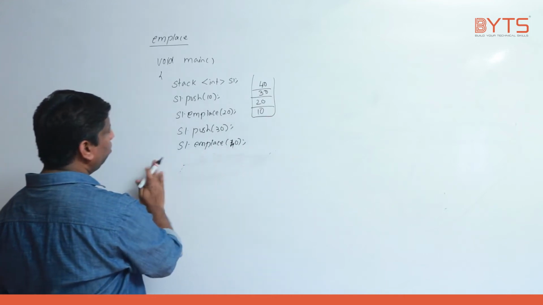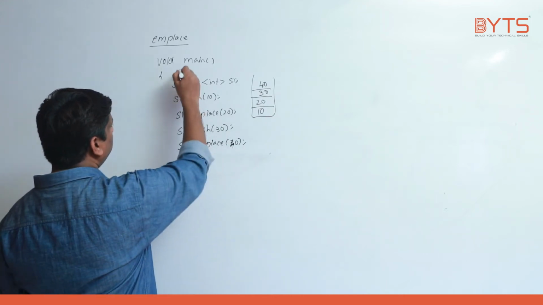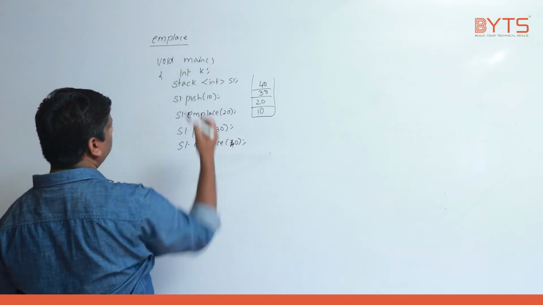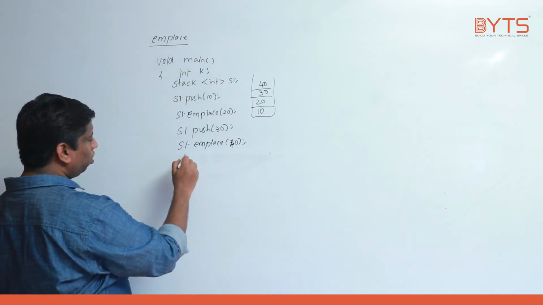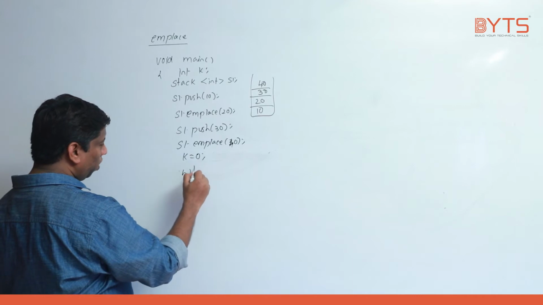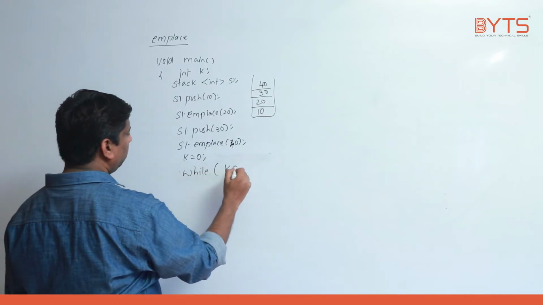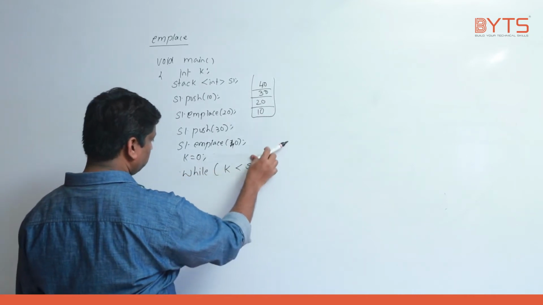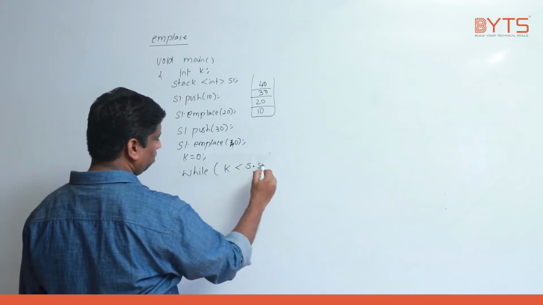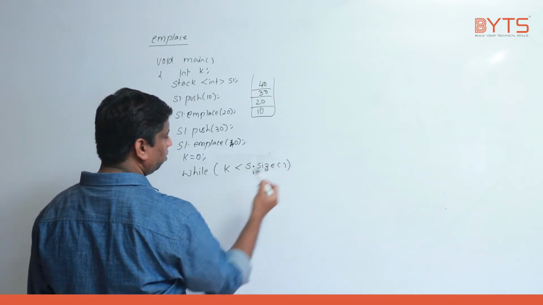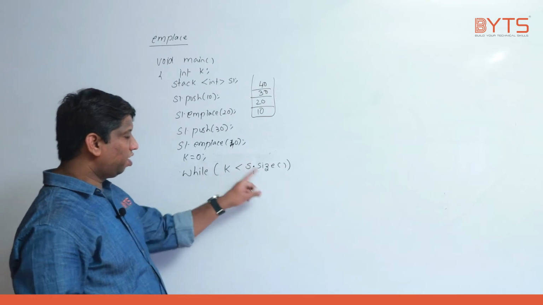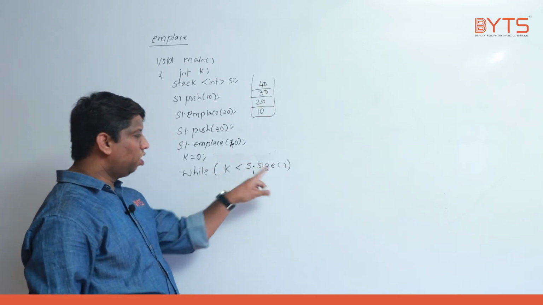I need to create a variable. Let us take a variable, int k. K is equal to 0, while k less than s.size. So k is 0, 0 less than 4, 1 less than 4, 2 less than 4, 3 less than 4.